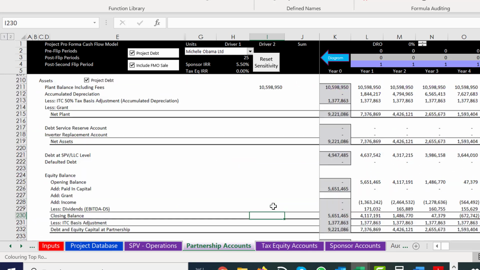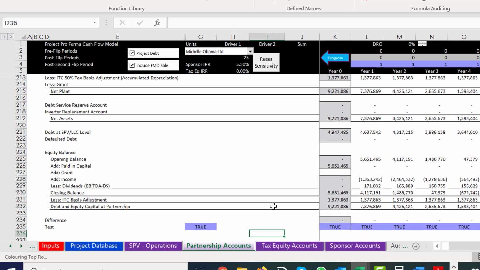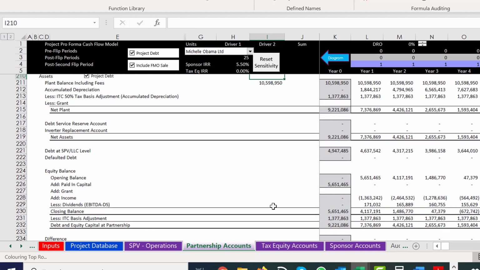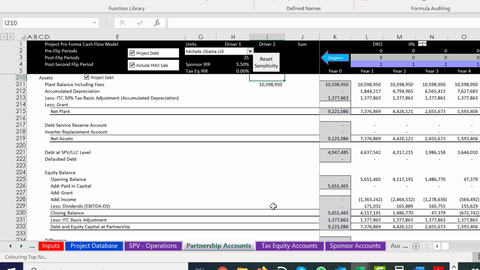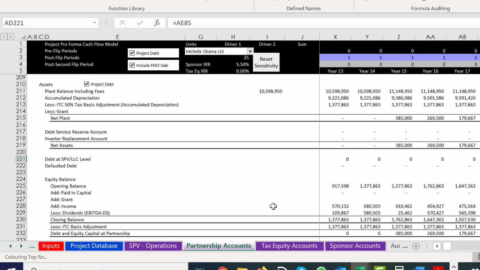Some of this stuff, I know people are probably saying, that's bad Excel form. But for me, if you can just switch all those true false on and off and then see what happens, that's not so bad, is it? So this is the amount of capital we actually put in, and here's the debt we have up here. The debt gets repaid as usual.